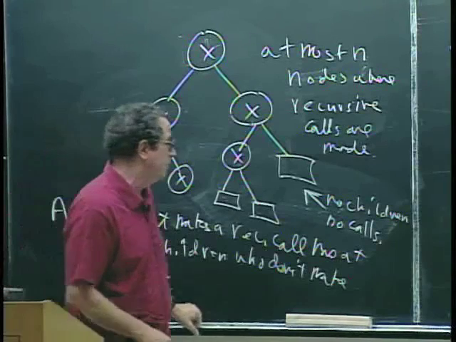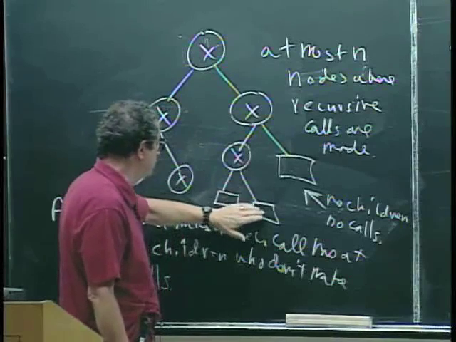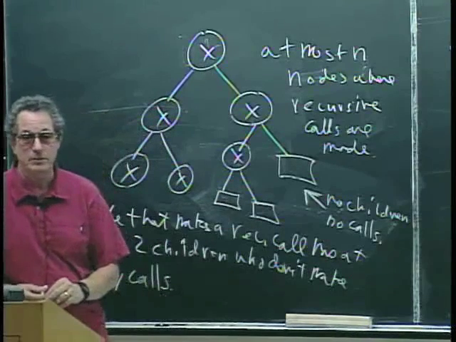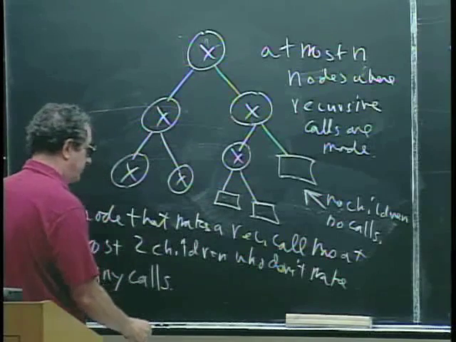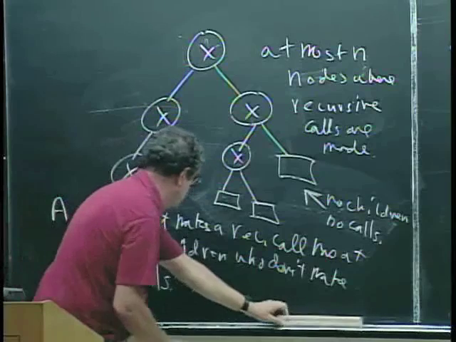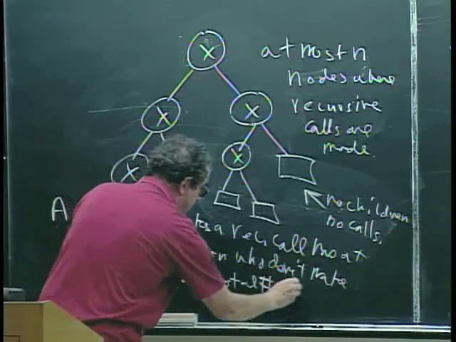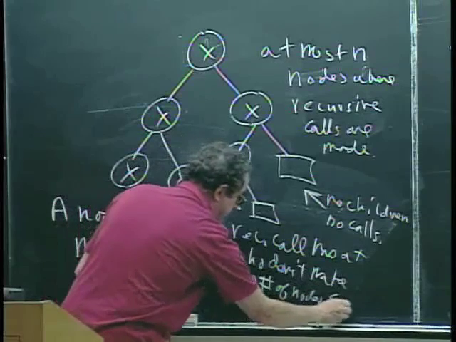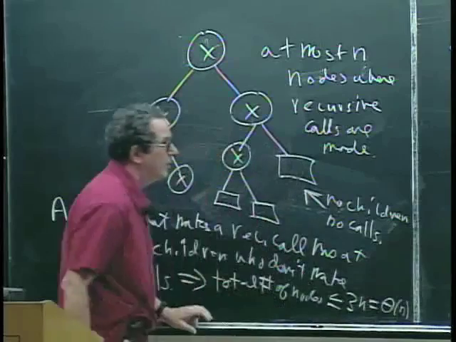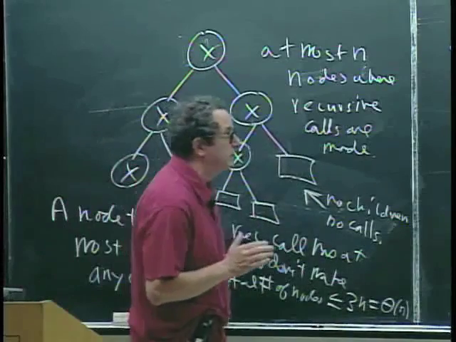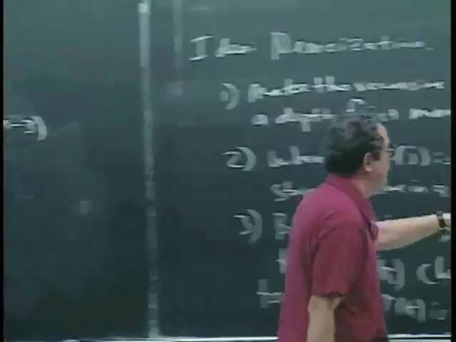Okay? So just the fact that from a node that makes a recursive call, you can have at most 2 children of it that do not, means that the total number of nodes is at most 3n. So total number of nodes is less than or equal to 3n, which is theta of n. Okay, so that's the end of the analysis of this algorithm memoization, or the proof of this theorem that we have over here.